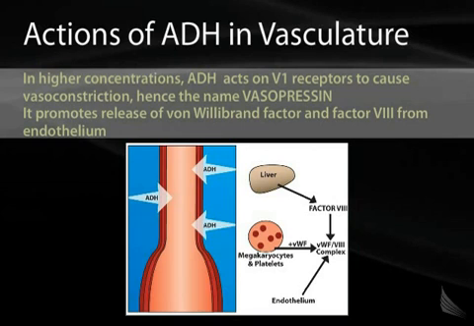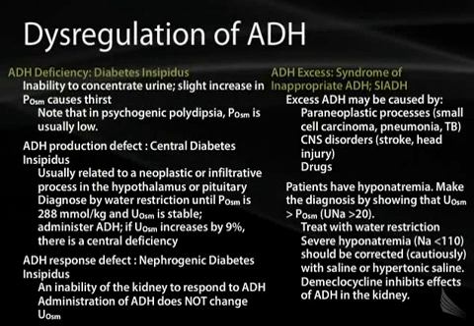It promotes release of von Willebrand factor and factor 8 from the endothelium, all of which will then contribute to vasoconstriction. But for our purposes here, we will be focusing mostly on the action of ADH in the kidney, which is its major physiological action.